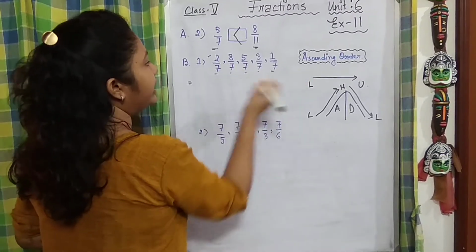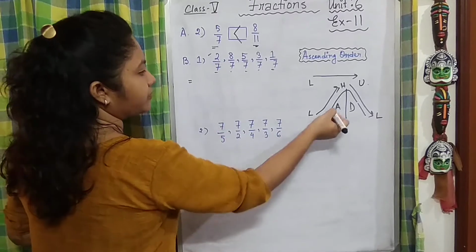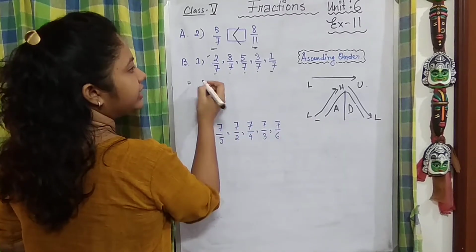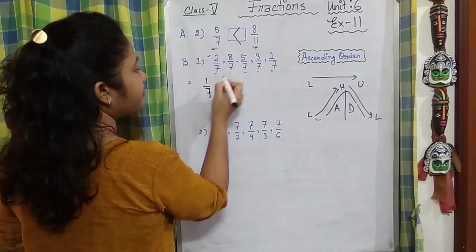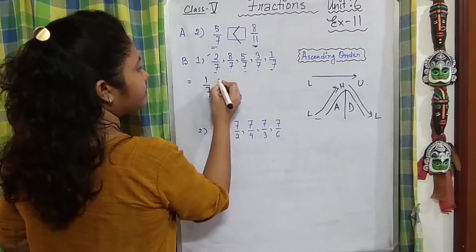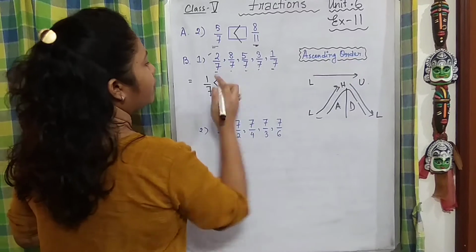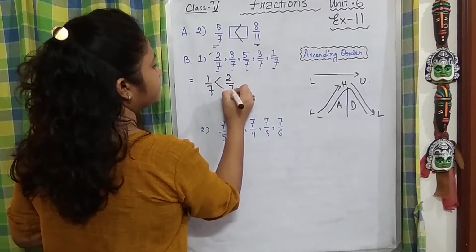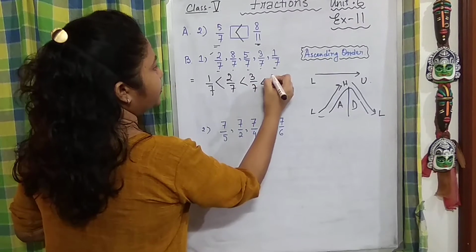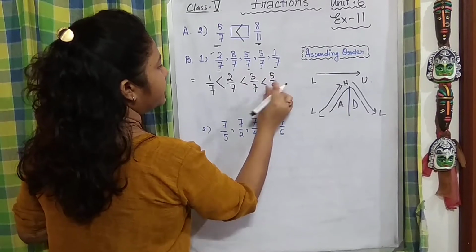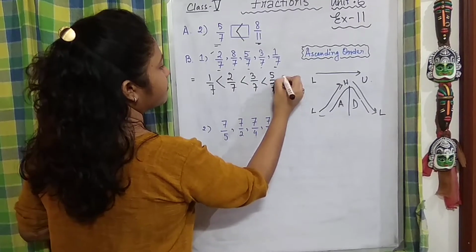We can do it directly. As we already know, while finding the ascending order, we arrange from the smaller one to the largest one. So this is the smallest one, and from there we will go to the largest one. According to that, this will be the answer.